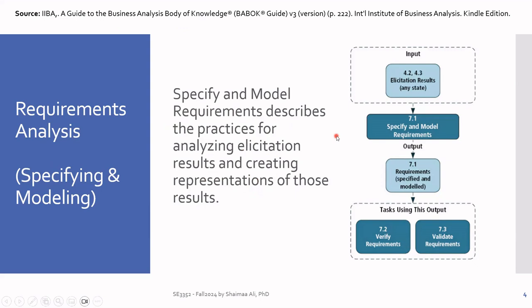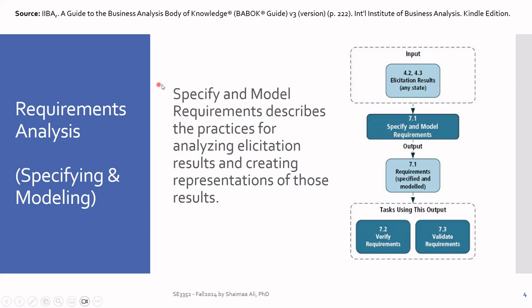Now, in the elicitation stage, we collected information, collected documents, conducted interviews and documented them, collected all that we could have access to as something that we can build our analysis on. So that would be the input to the analysis stage, which is specify and model.